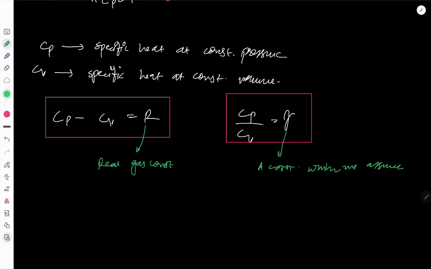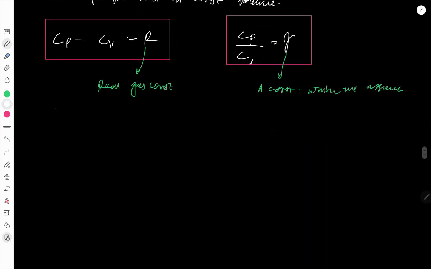If it is a monoatomic gas, then gamma would be different, as Cp would be different and Cv would be different. There is a formula which we would derive, which I would tell right now.